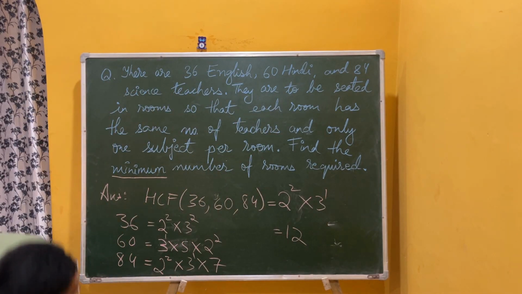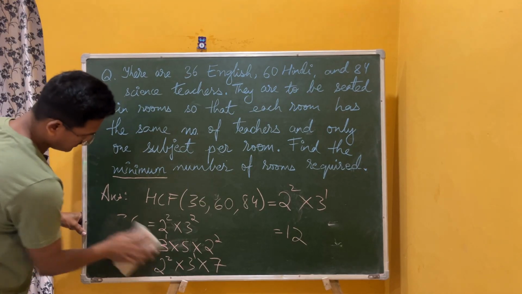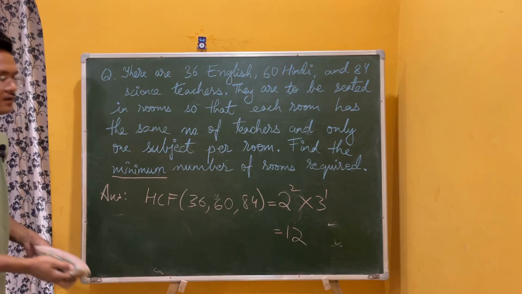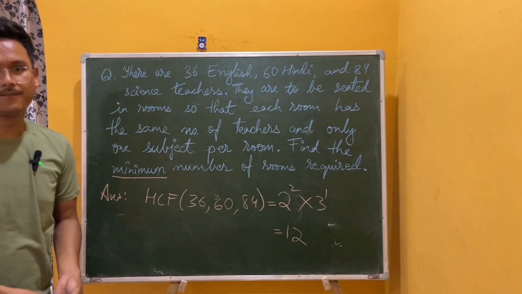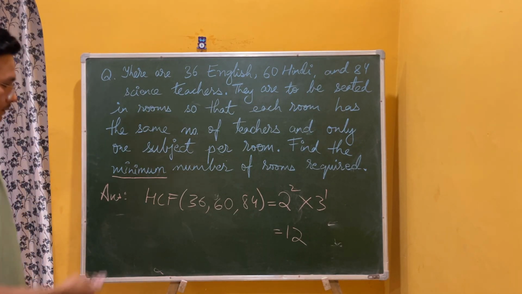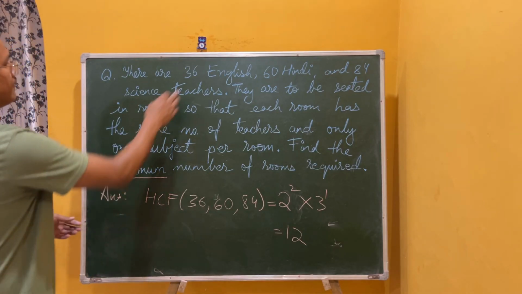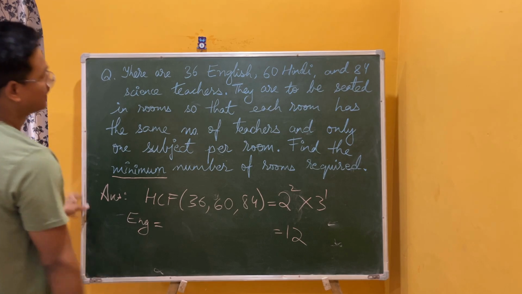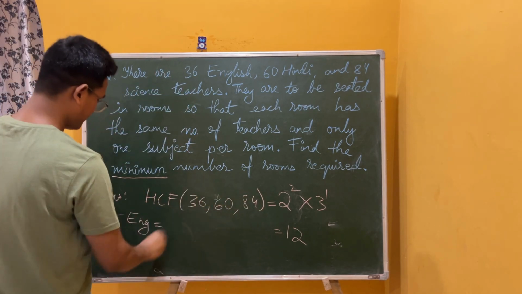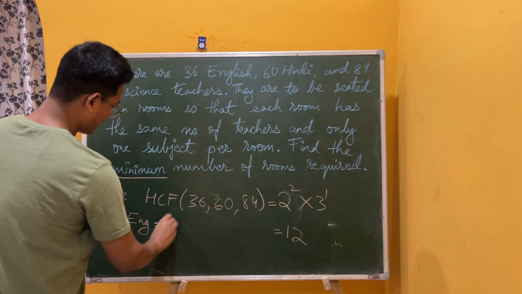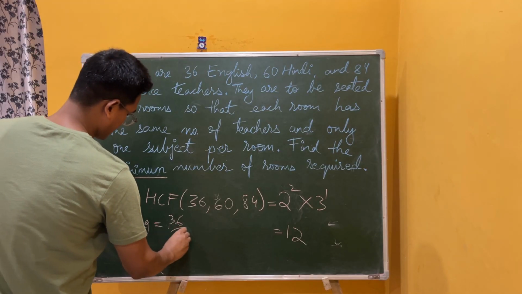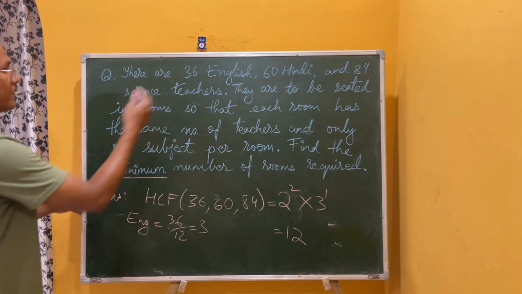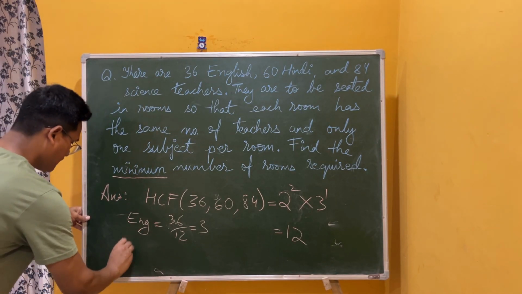So this means in each room there must be 12 teachers. How many rooms will be required? For English, I'm writing it in short, 36 divided by 12 is 3. What about Hindi?